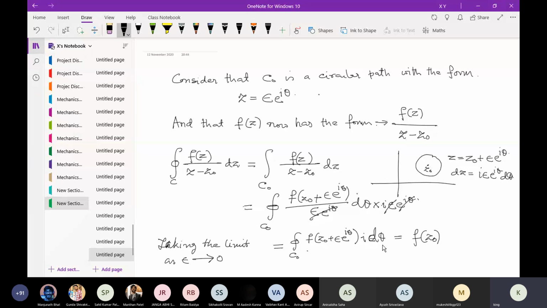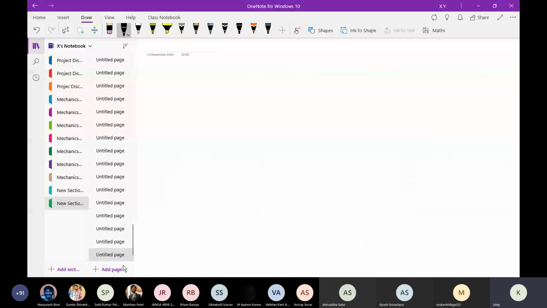And we are going to get also the i outside the integral, and this d theta will contribute 2 pi. So every pole at Z0 contributes, for this kind of contour integral, 2 pi i f(z0).